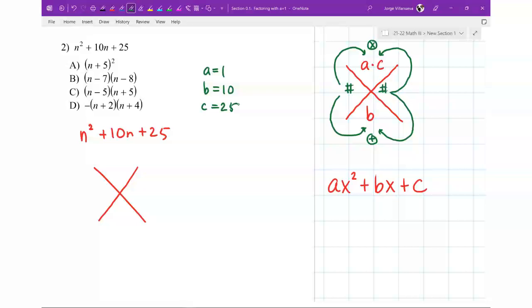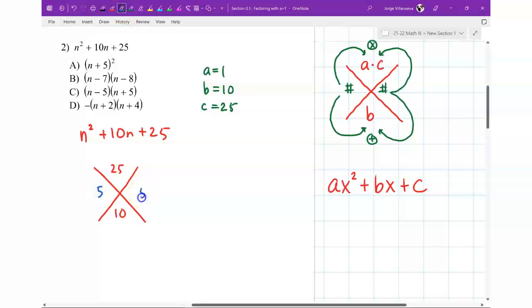So on the top, I get to multiply a times c. So 1 times 25 is 25. And then I'm going to get my b term, and I'm going to put it on the bottom. So that's a 10. So now you're going to think, okay, what two numbers multiply to 25 but add up to 10?